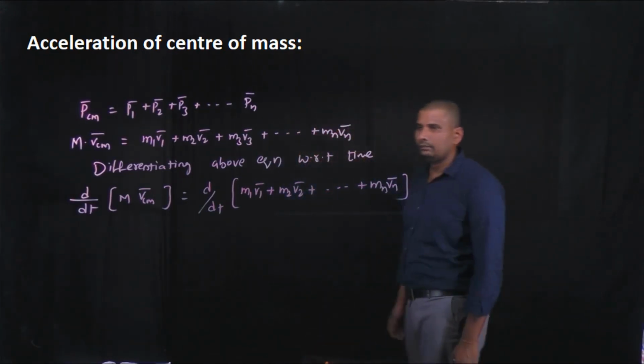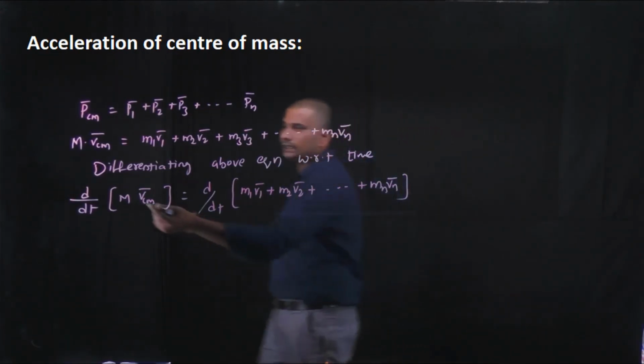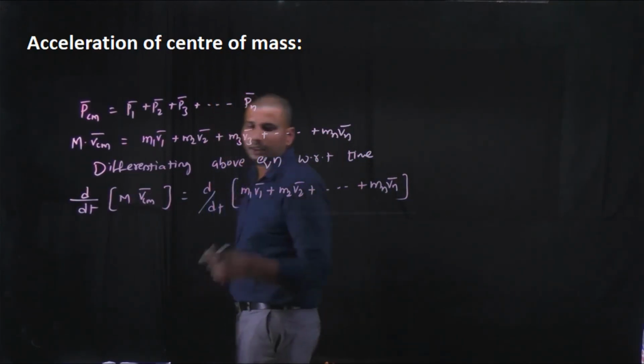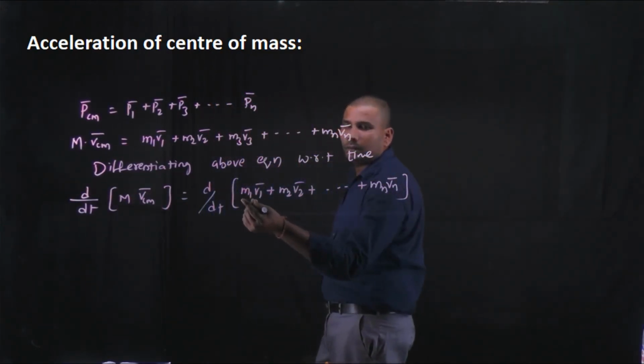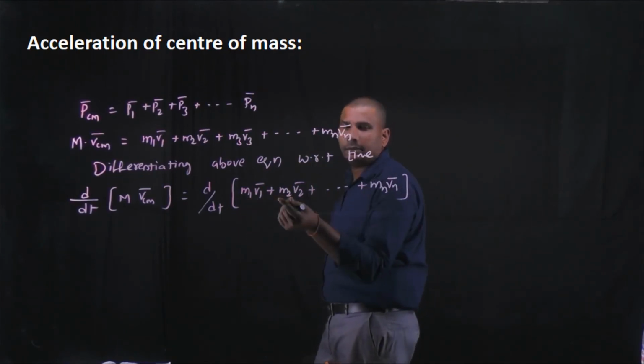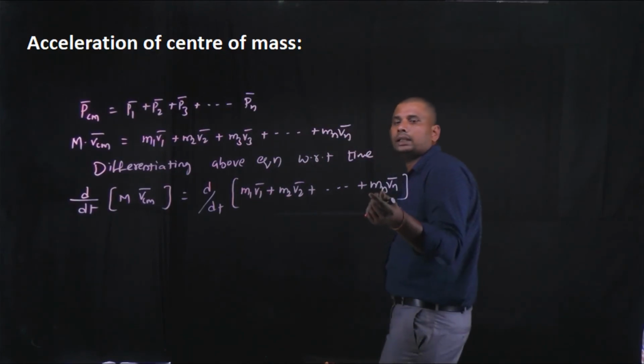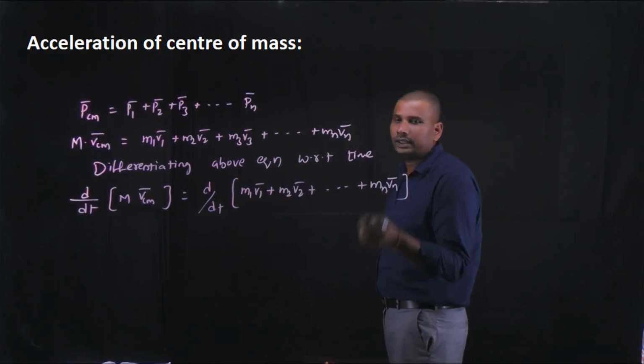In this, mass is constant. Here the total mass of a system, capital M, is constant, and m1 is the mass of the first particle, m2 is the mass of the second particle, the system contains n number of particles, and mn is the mass of the nth particle.